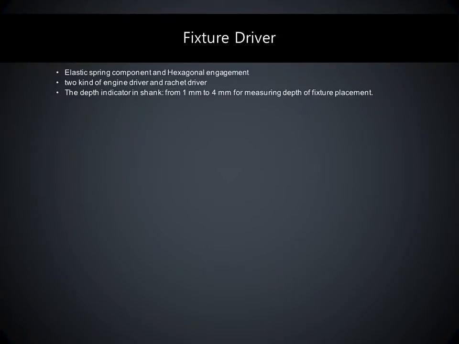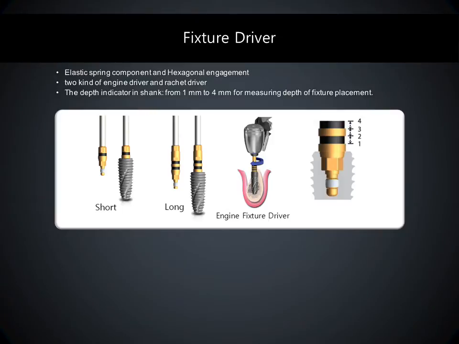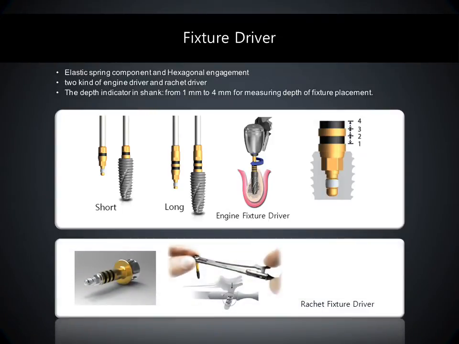Fixture drivers are mainly composed of an elastic spring component and a hexagonal fixture engagement portion, which retain and rotate the fixture. There are two kinds of fixture drivers: engine driver and ratchet driver. The engine driver has a torque tolerance limit of 50 Newton-centimeter, and the ratchet driver has a 120 Newton-centimeter limit.